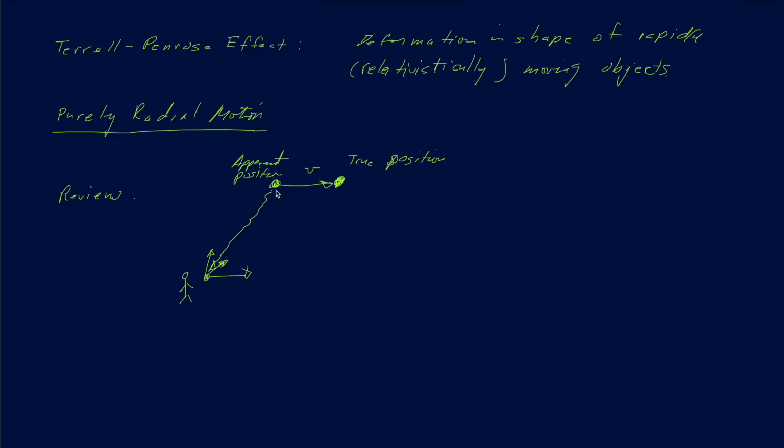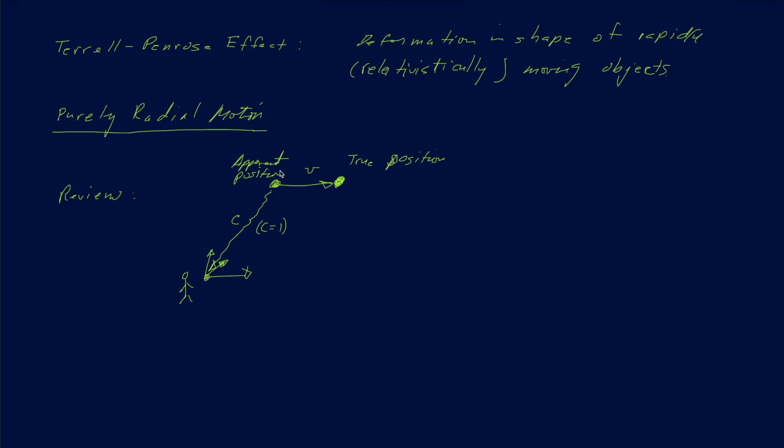And the idea is that because the speed of light, c, which we typically take to be 1 for simplicity, whenever an object is moving at any appreciable velocity relative to light speed, the apparent position and the true position tend to be different, okay?